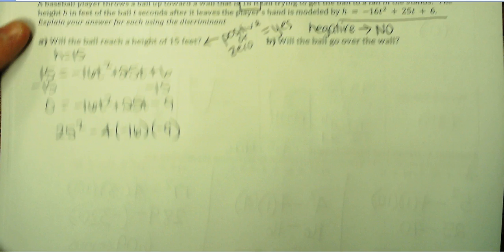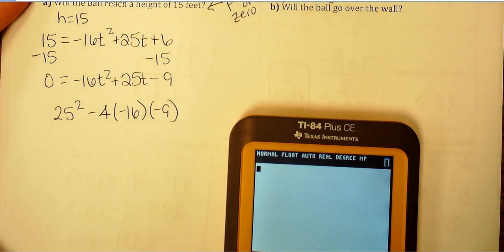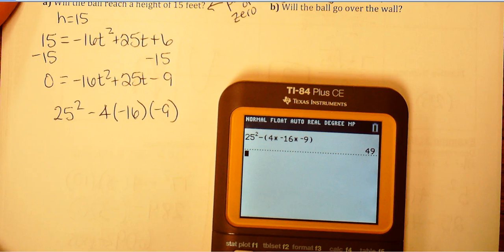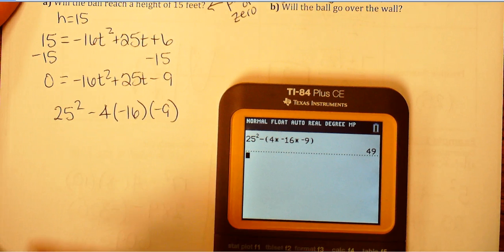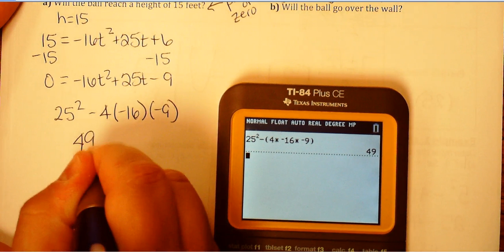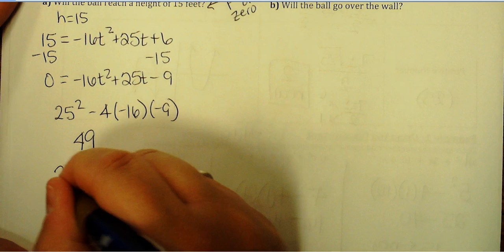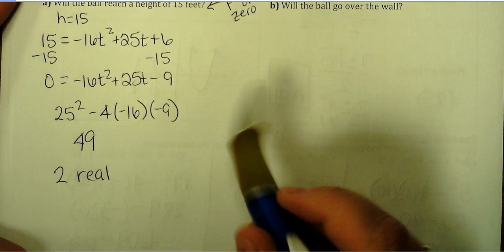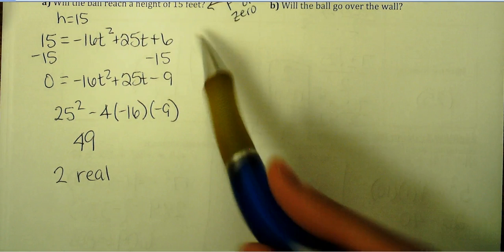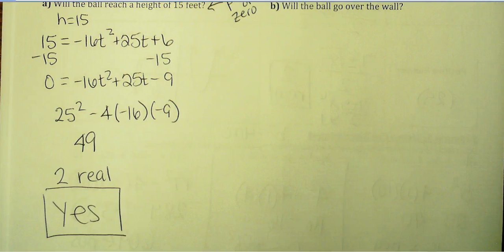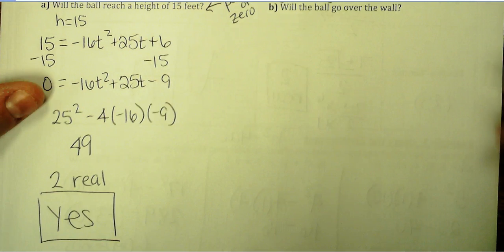I'm going to grab my calculator: 25 squared minus 4 times negative 16 times negative 9. It doesn't matter what the number is, it just matters whether it's positive, negative, or 0. That one's positive, so this would have 2 real solutions. So is this going to be able to reach a height of 15 feet? Our answer would be yes, because we have 2 real solutions.